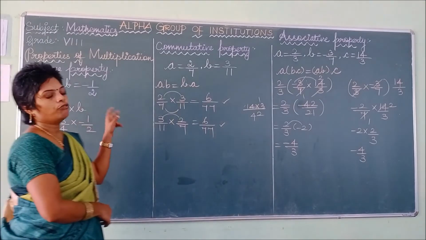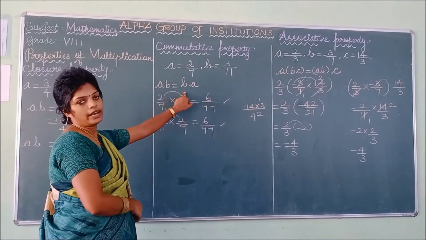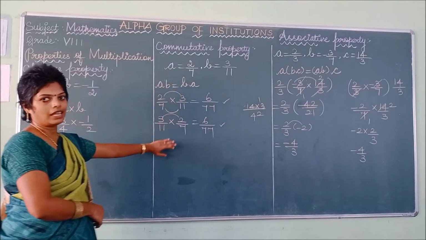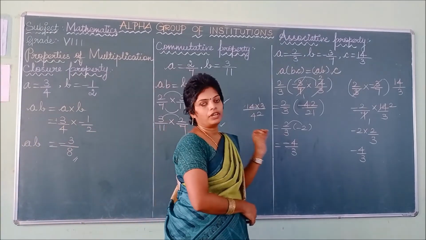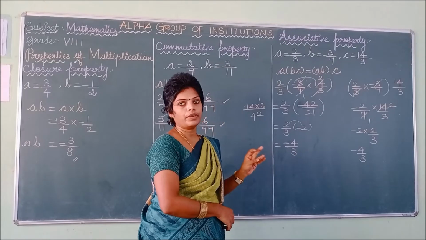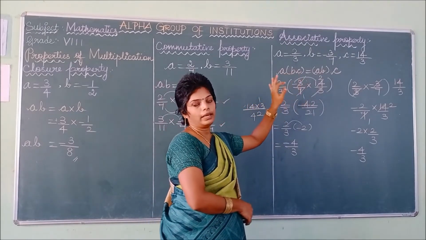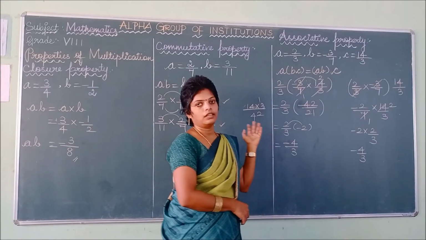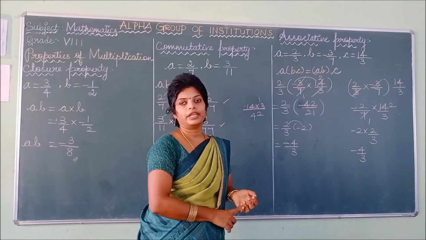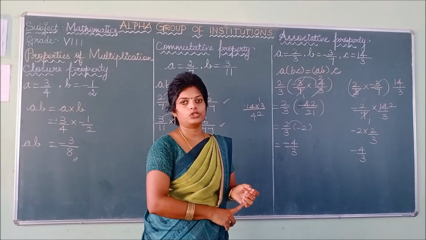Commutative: for any two rational numbers A and B, AB is equal to BA, so this also satisfies under multiplication. Third one is associative. For any three rational numbers A, B, C, A into BC is equal to AB into C. That also satisfies. From this we can conclude multiplication satisfies closure, commutative and associative.